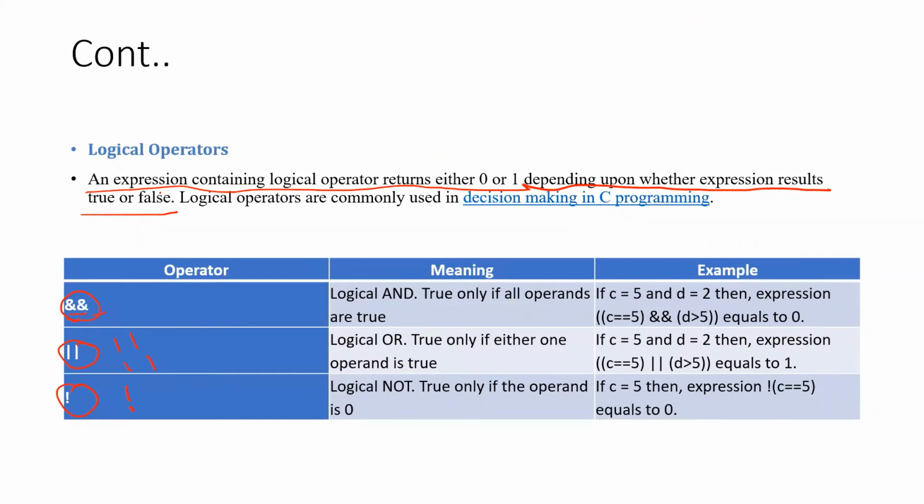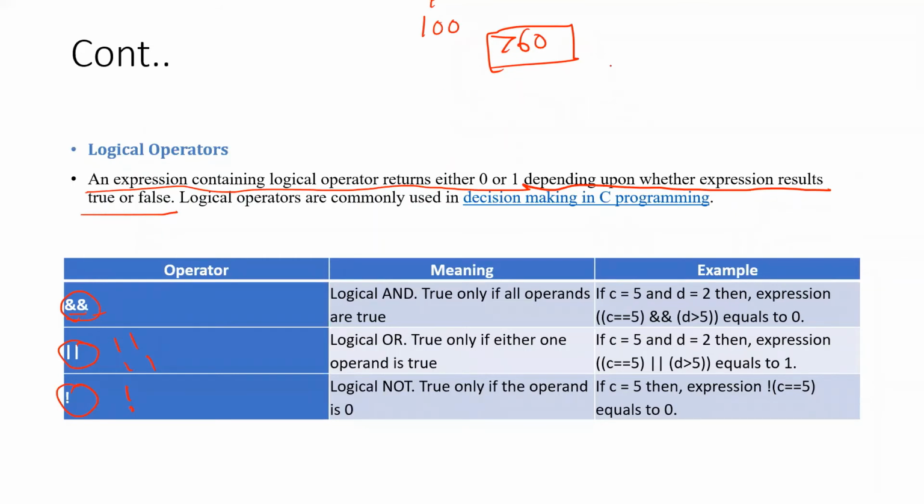For example, I need to check whether the student got first class marks or not. Out of 100 in a subject, if the student got greater than 60 marks, then I can say that he passed the subject in first class.